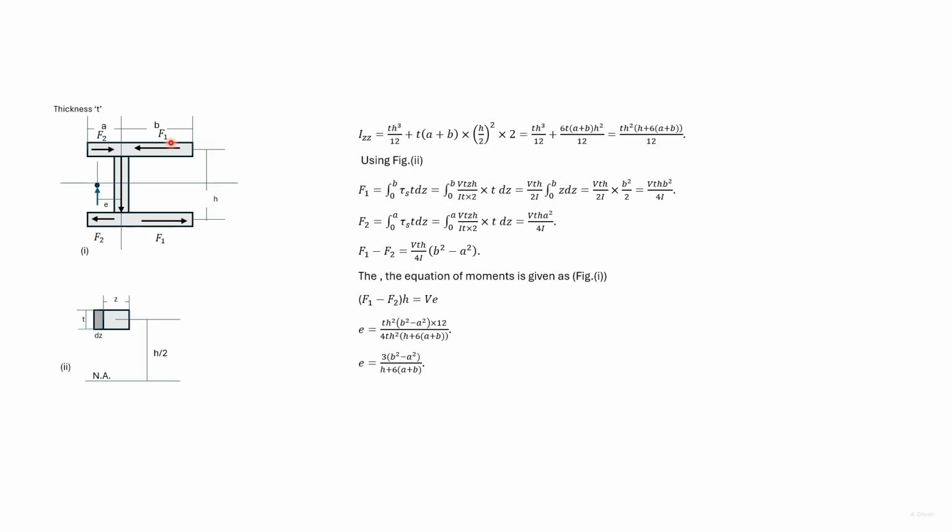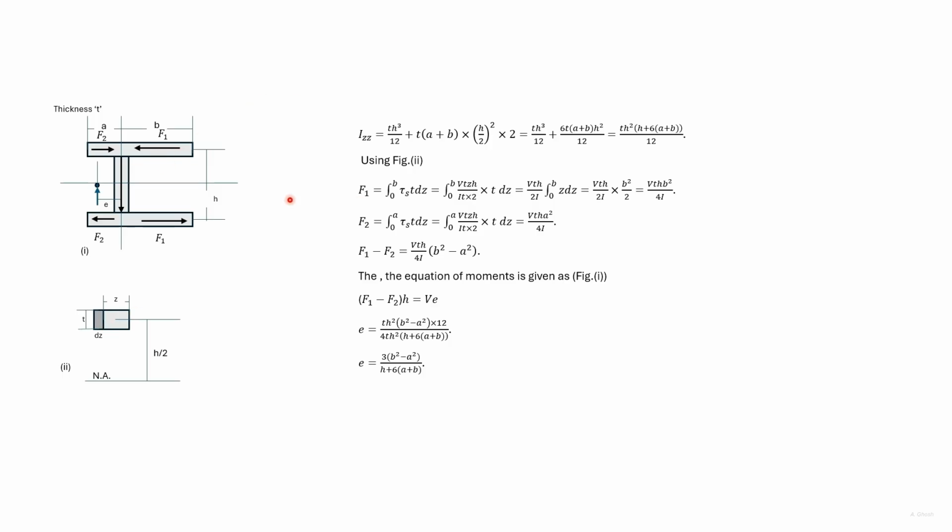To find F1, we take a portion from this edge as shown here. This length is z. The stress acting on this dark element can be found out using Q of this area. The force due to the dark portion will be p into dz into tau s.